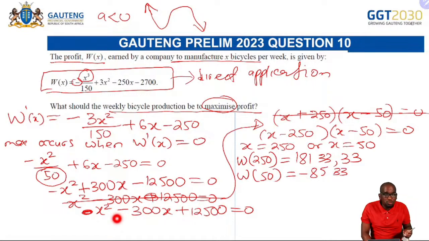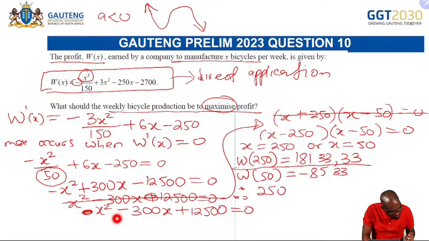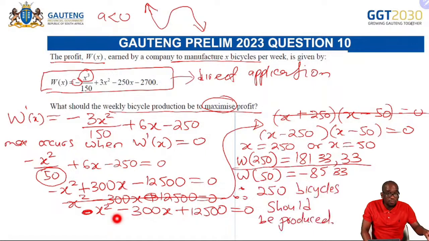So now you're going to take the bigger value. You can see that this one gives you a bigger value. So it's the one that gives you a maximum. So you're going to say, therefore, 250 bicycles should be produced.